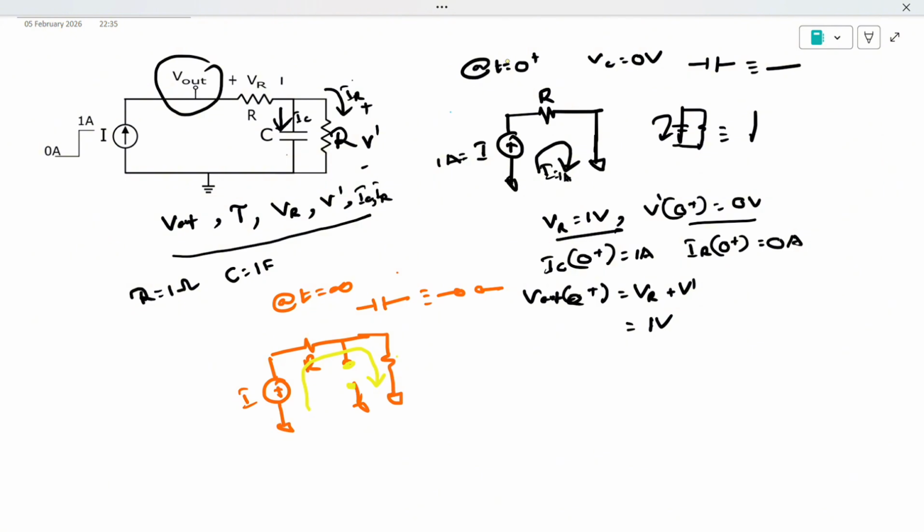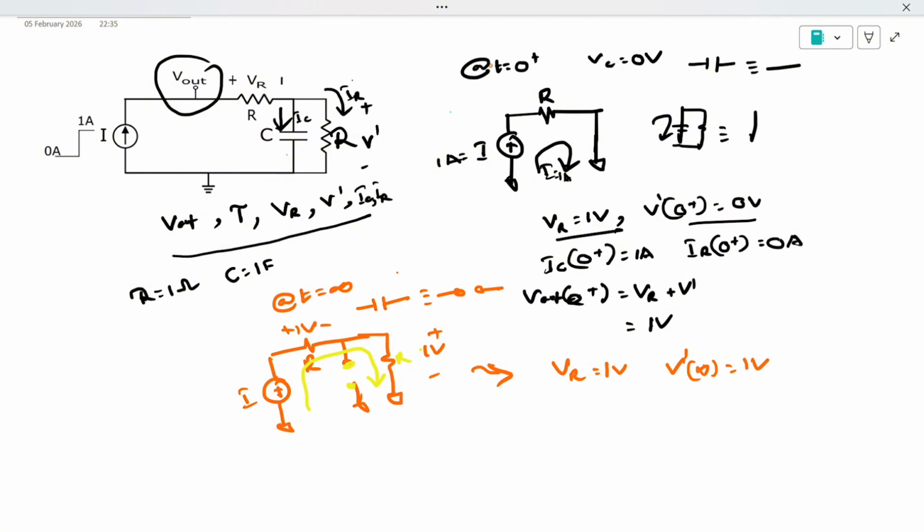So the voltage drop across this R will be 1 volt again. Now we will try to write everything. First, VR will be 1 volt, and V dash at infinity will be again 1 volt.